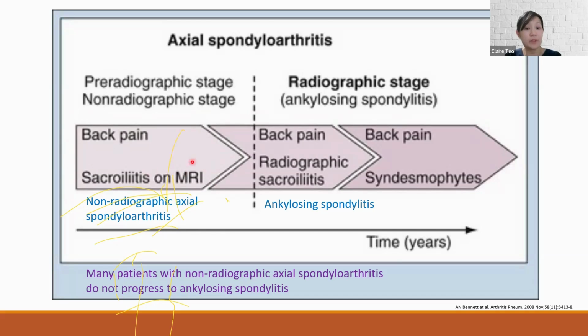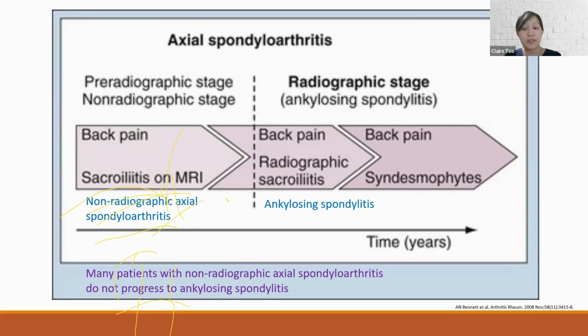So MRI, which is a more sensitive test, may be needed to detect changes in the sacroiliac joints of these patients. Over time, some people in this non-radiographic axial spondyloarthritis category may develop signs of radiologic changes on the X-rays, like in the sacroiliac joints, which we classify as radiographic sacroiliitis if there are definite changes on the X-ray.